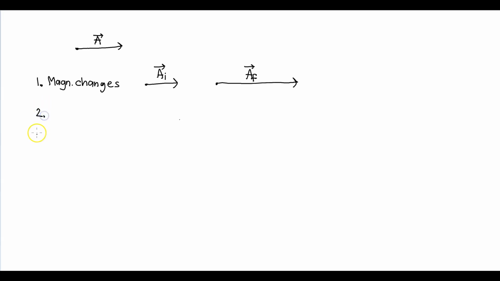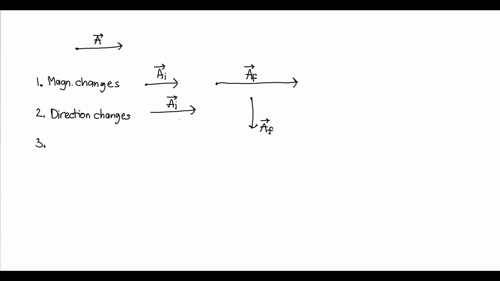Now, the other two cases are a little less obvious. Okay, our second case is if the direction changes, and only the direction changes. Okay, so whether you like it or not, if the direction of the vector changes, but the magnitude doesn't, then it still technically counts that the vector has changed by some amount.